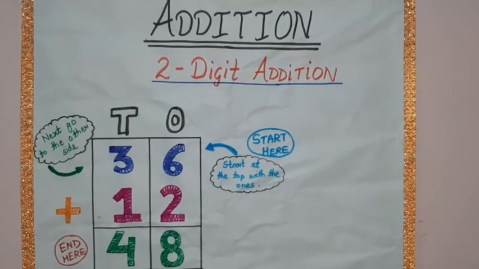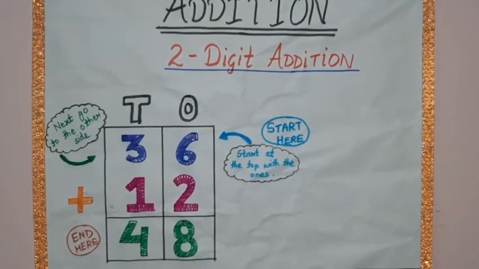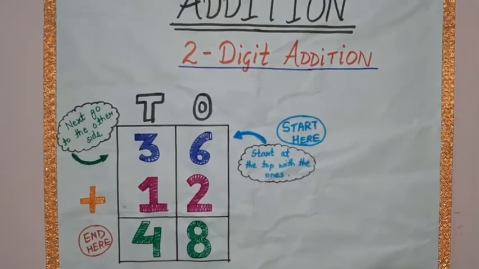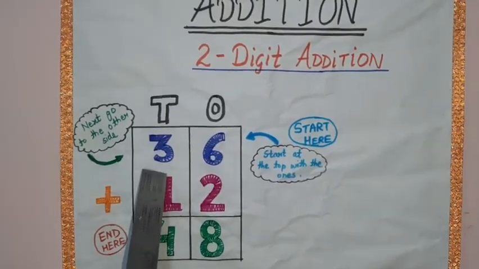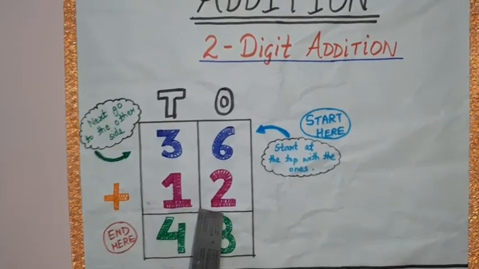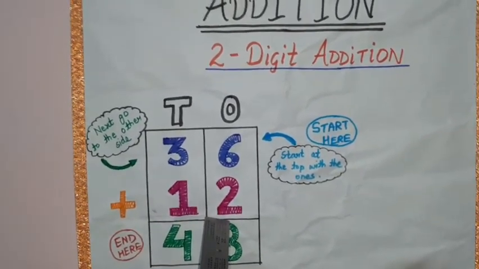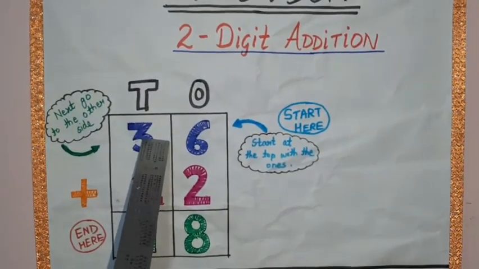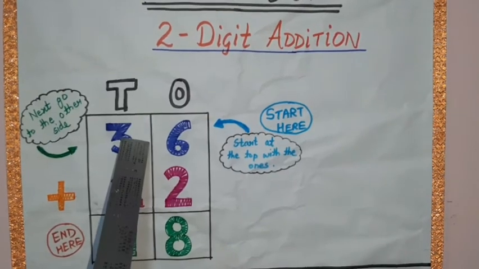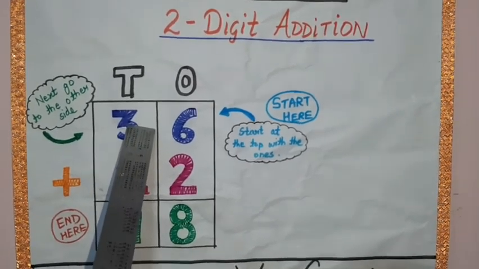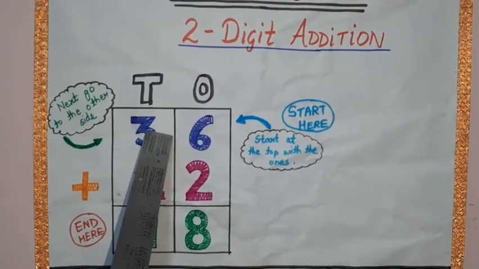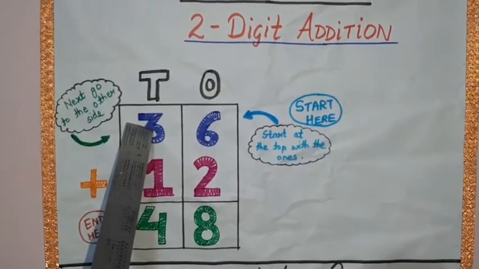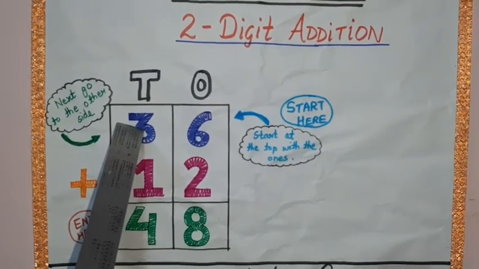Okay children, now let's start our addition of two-digit numbers. Here I have taken two numbers, that is 36 and 12. You all have studied the place value of ones and tens in your previous chapter, that is numbers up to 99. So let's start doing our addition.